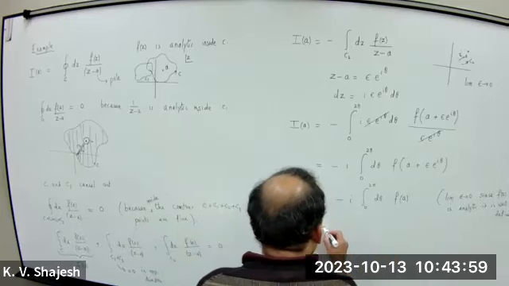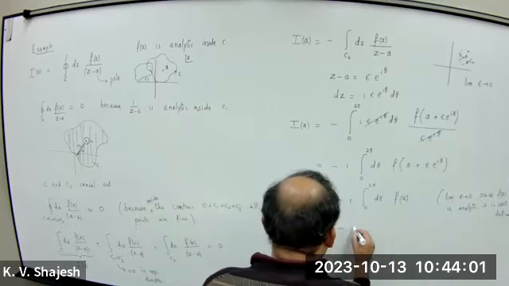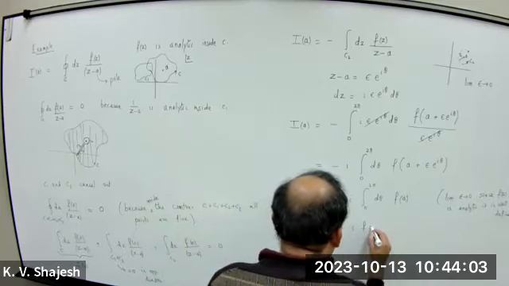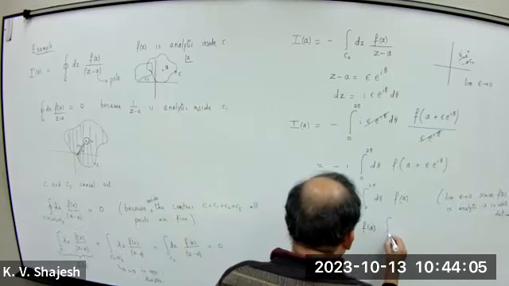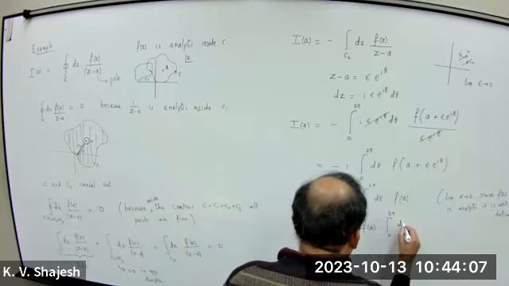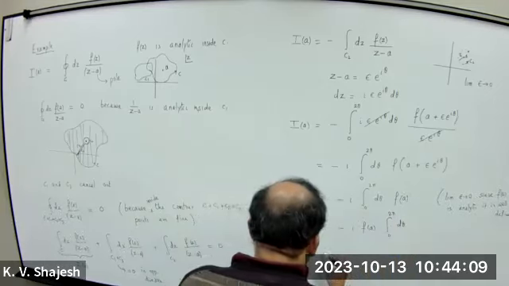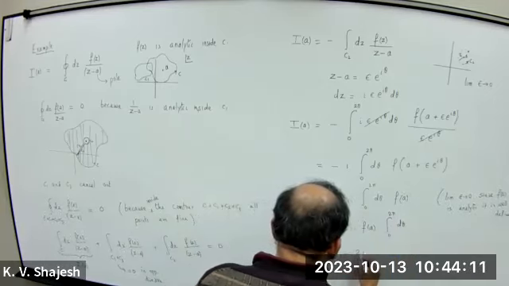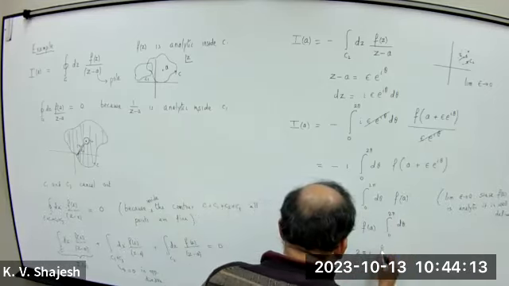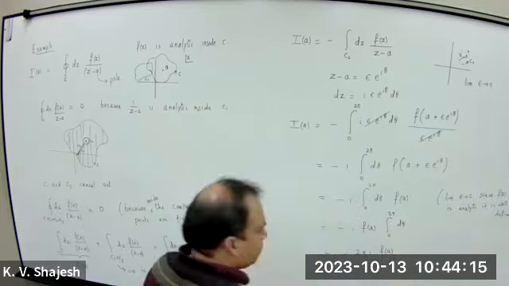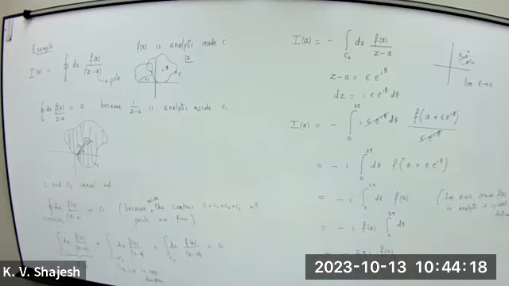So this is equal to f of a minus i f of a, integral of d theta from 0 to pi. Just write it down in more steps. So that's 2 pi i. That's equal to minus 2 pi i times f of a. What happened to the minus?